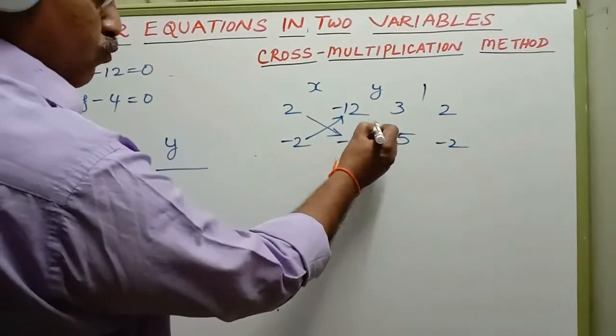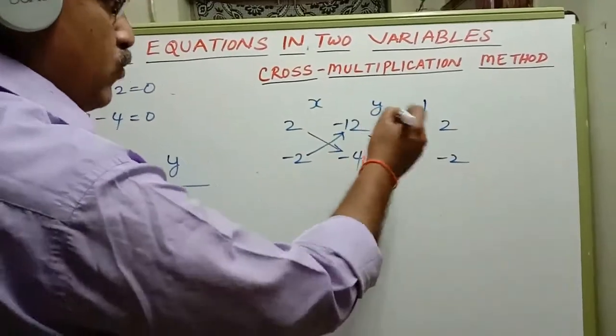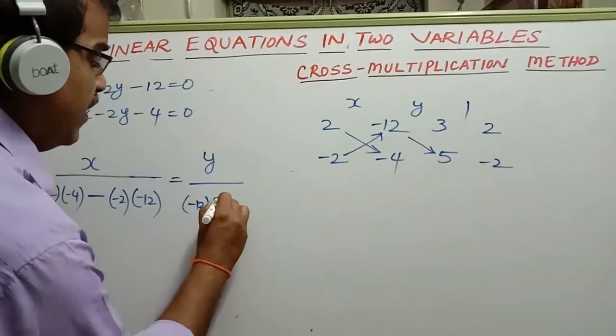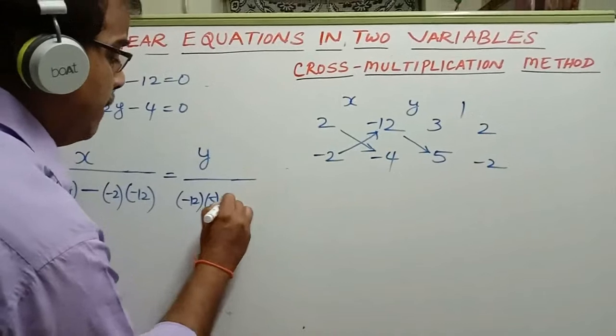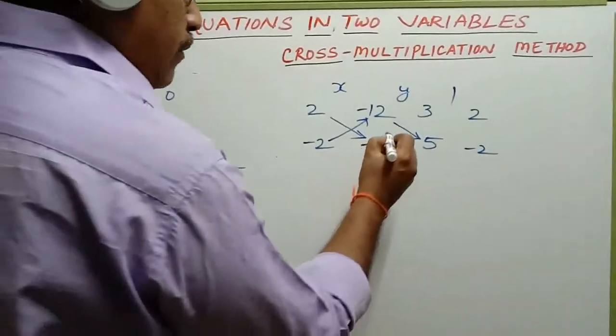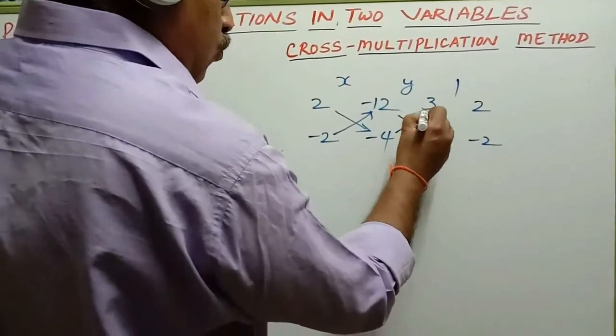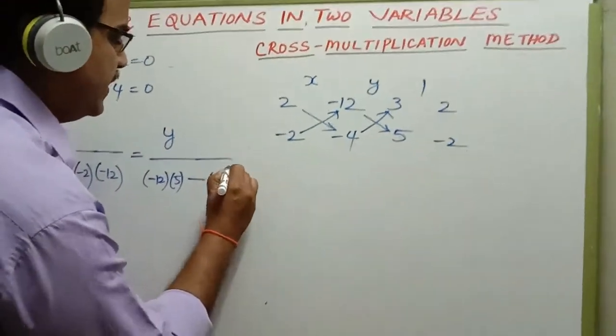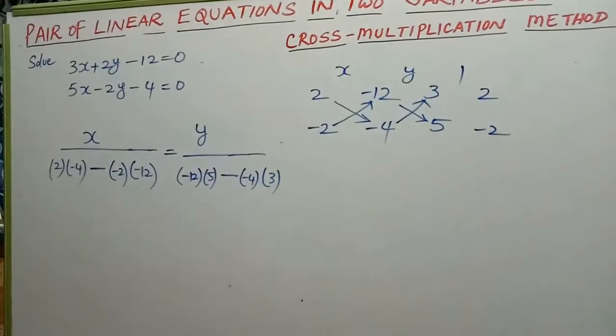y by minus 12 into 5, formula minus 4 into 3.